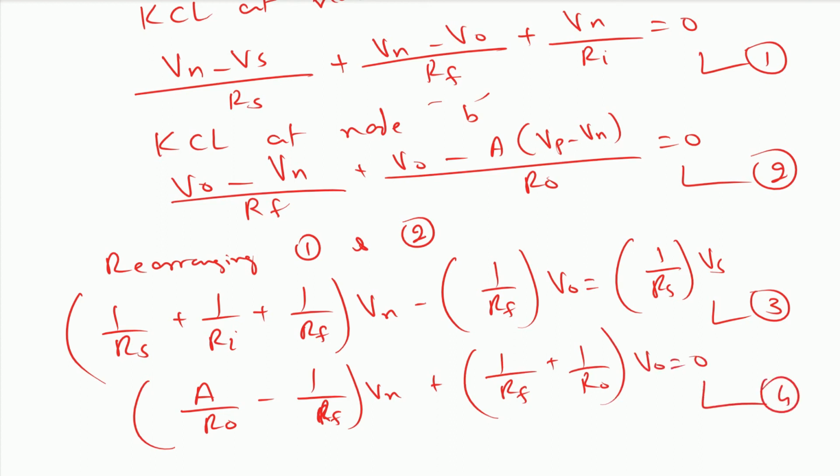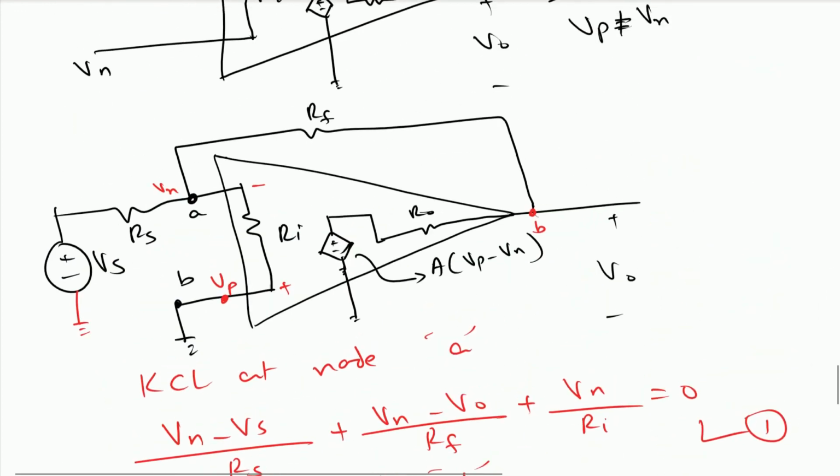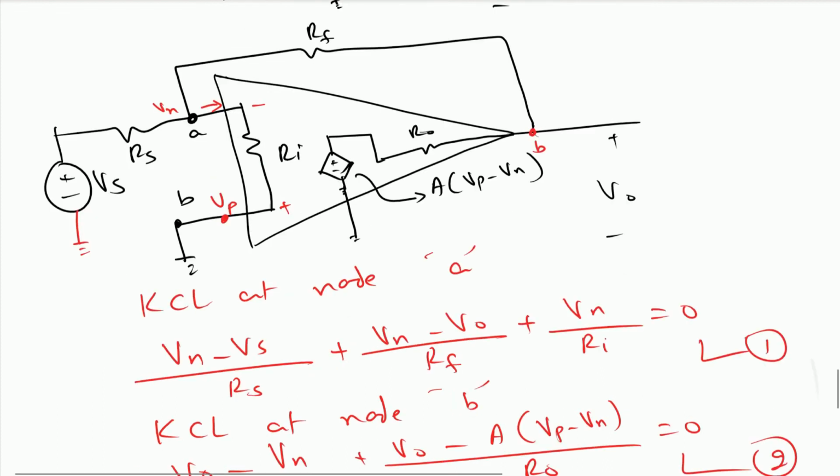Now we have started from this particular practical circuit, or a realistic model of an operational amplifier, where we have assumed that the output impedance is not 0 now. We do have some finite output impedance R naught, and we also assume that we no longer have an infinite input impedance. So we do have some current which is flowing into this particular terminal, and hence we cannot say that Vp is equal to Vn.